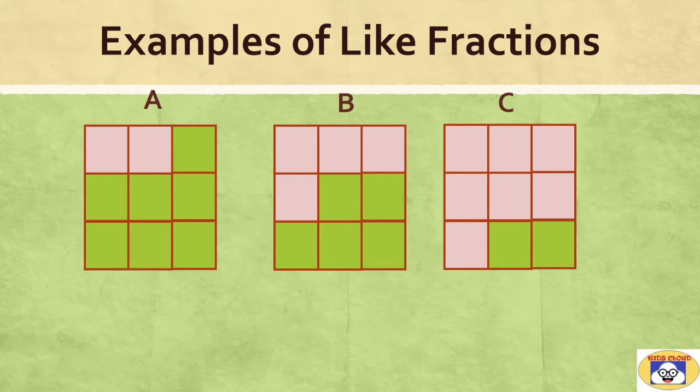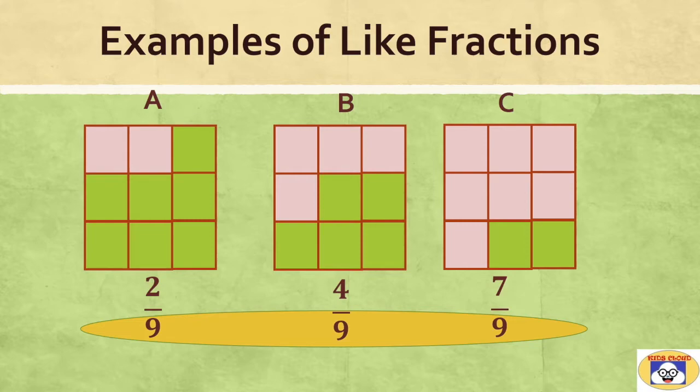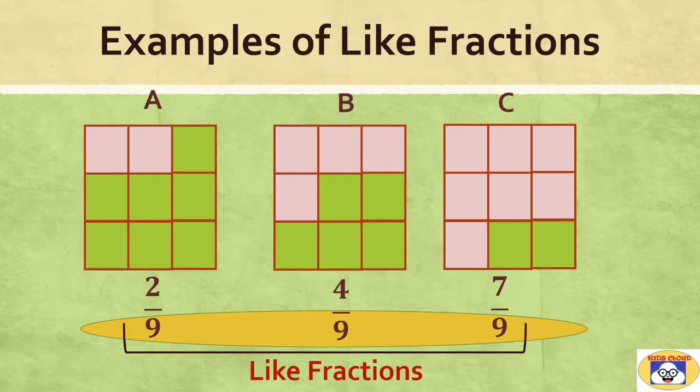So the fraction colored in A is 2 by 9. In B, the colored fraction is 4 by 9. While in C, the colored fraction is 7 by 9. The denominator is the same in all these fractions. These are like fractions.